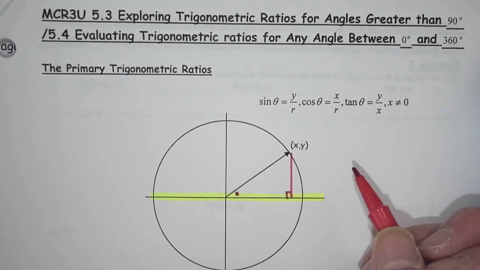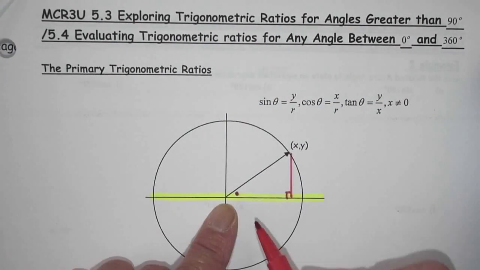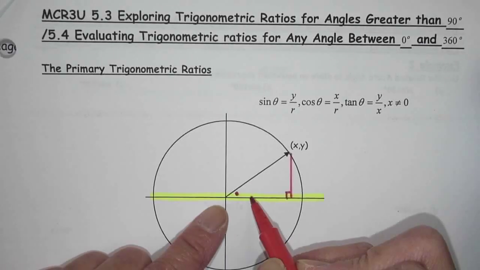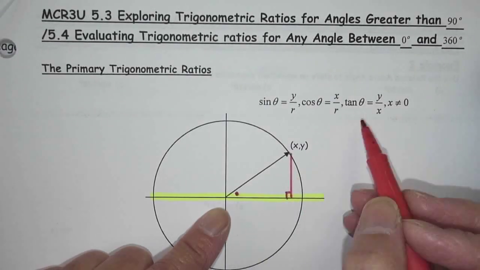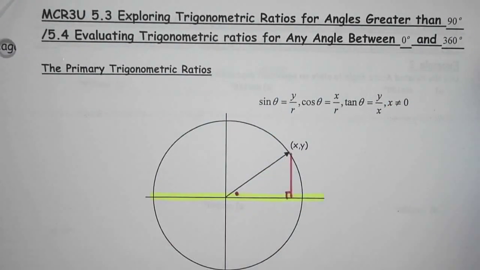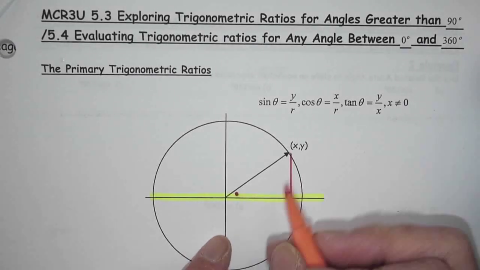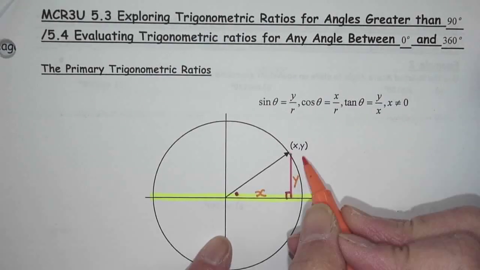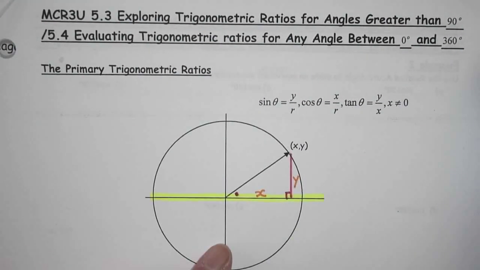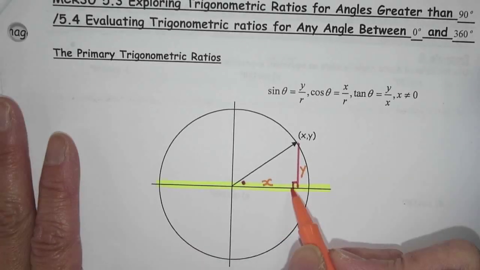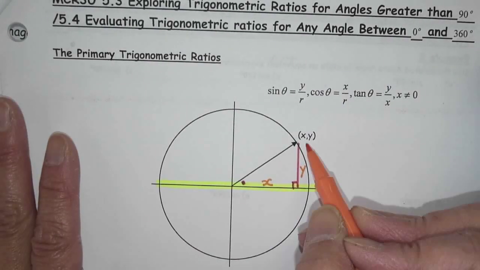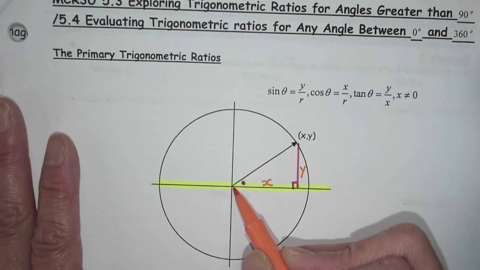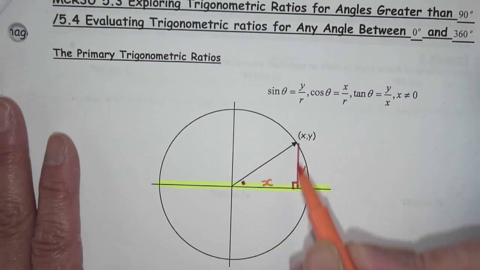What we're going to do is see a pattern that occurs. Watch. From this first triangle, this one here is my first quadrant. Along this side, this would be x, and this would be y. If I'm telling you the coordinate is x, y, then this coordinate tells me the base would be x and the height would be y.